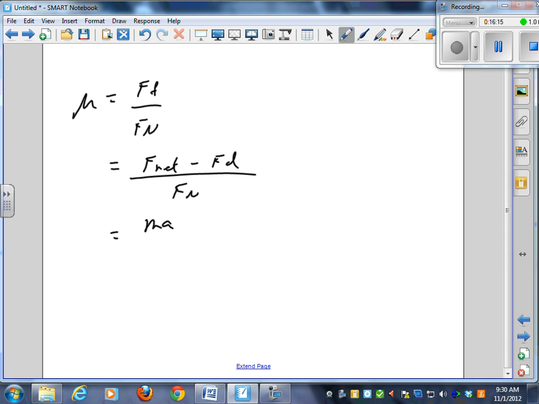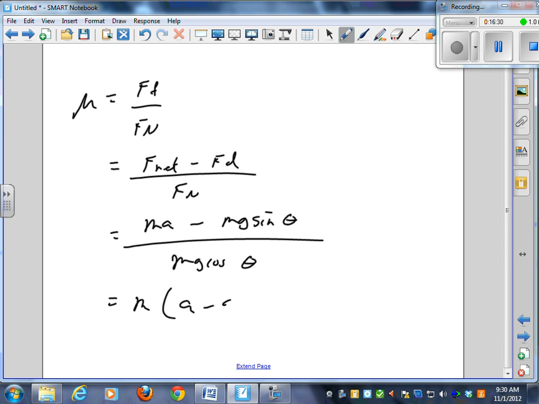My Fd is mg sine theta. And my Fn was mg cos theta. And if I factor out an m on top, I get a minus g sine theta. And on the bottom, I've got mg cos theta. And guess what happens?